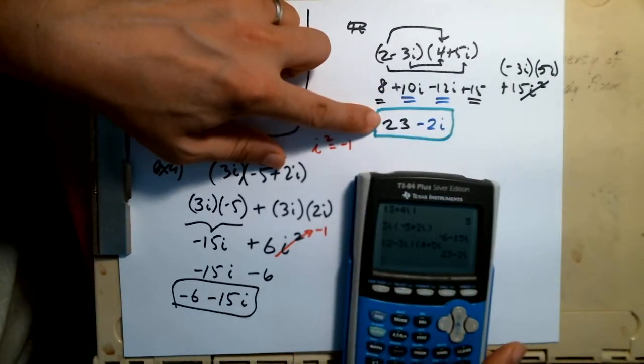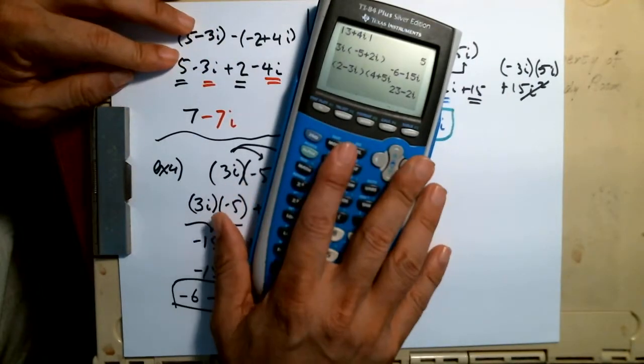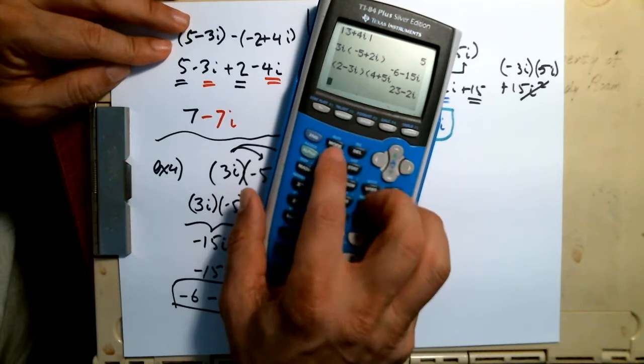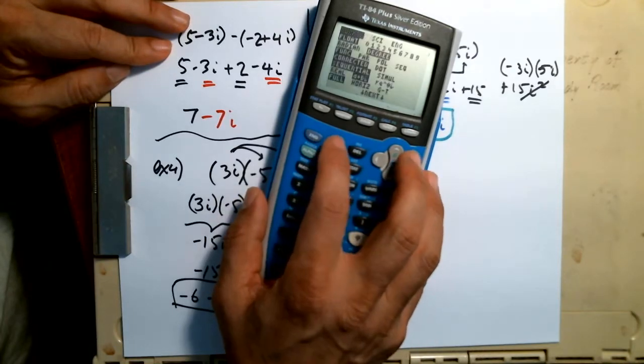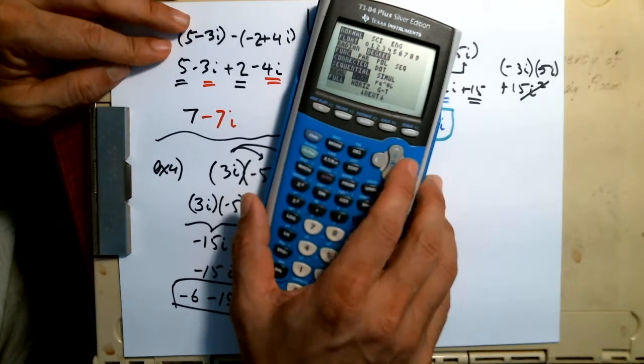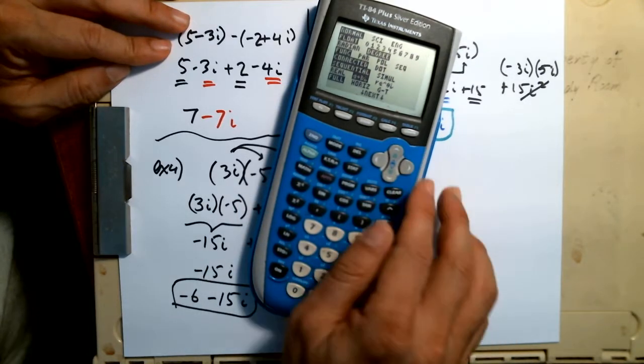23 minus 2i. Perfect. Sometimes if it's not working, you get a non-real answer, then you're in the wrong mode. So go to your mode right here. Make sure you're at the a plus bi mode right there. So that's my default.